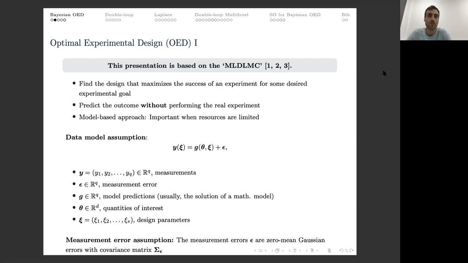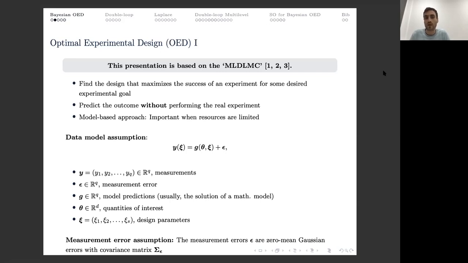real experiment. So for that, we use a data model assumption, which tells us basically the data Y given an experiment xi, and here xi has a very broad meaning. It could mean anything that defines the experiment.